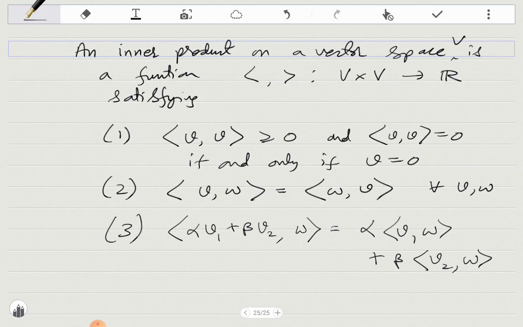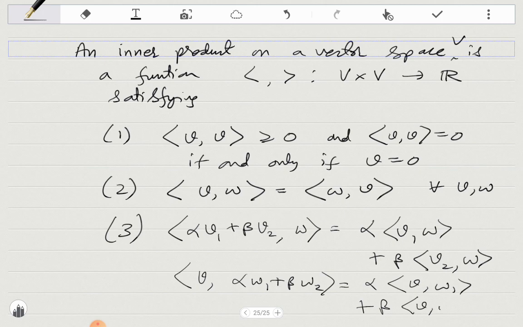Here I fixed the second vector variable w and got linearity in the first one, but property 2 will imply the same thing. So let me write it down anyway: the inner product of v with alpha w1 plus beta w2 equals alpha times the inner product of v with w1 plus beta times the inner product of v with w2.